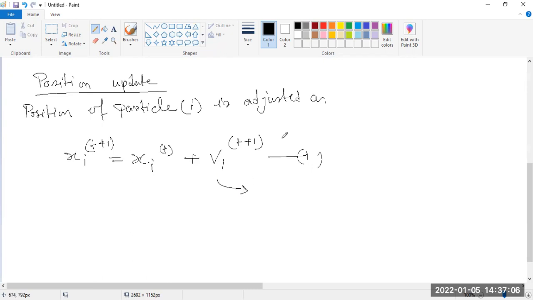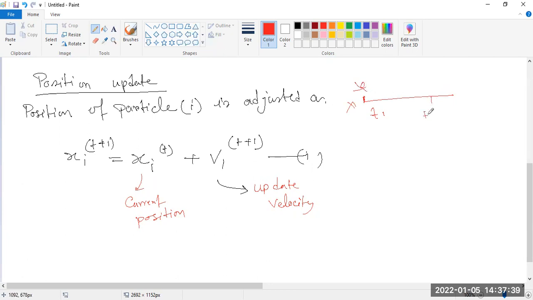This is the updated velocity, and this is the current position. Say at time t1 you are at position x.